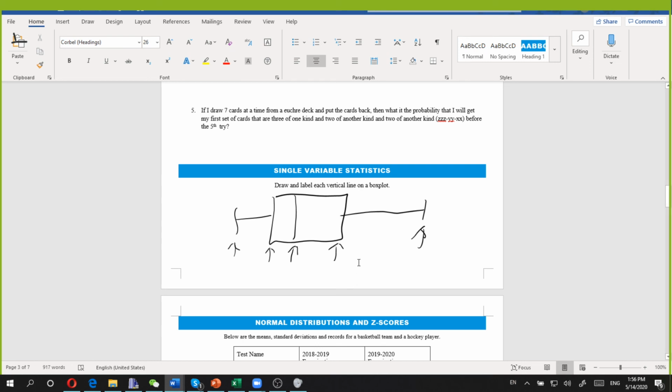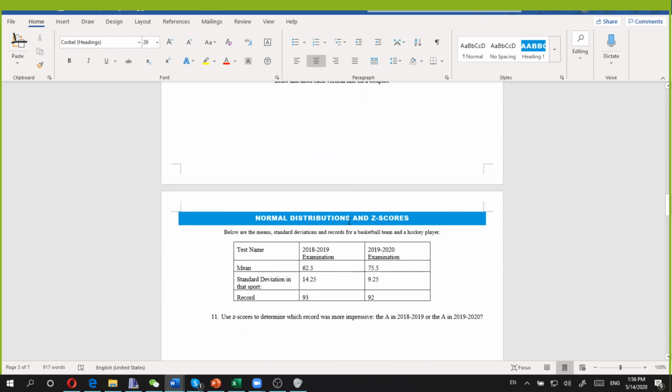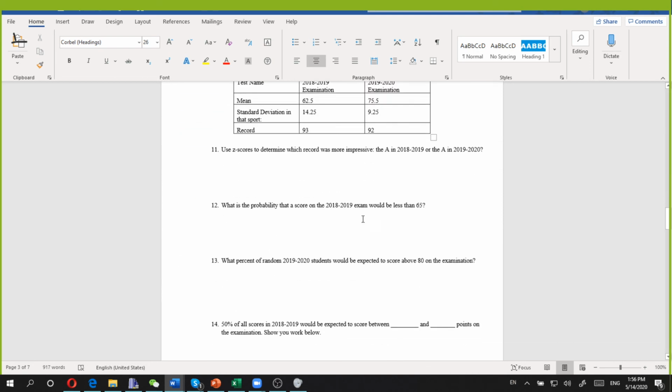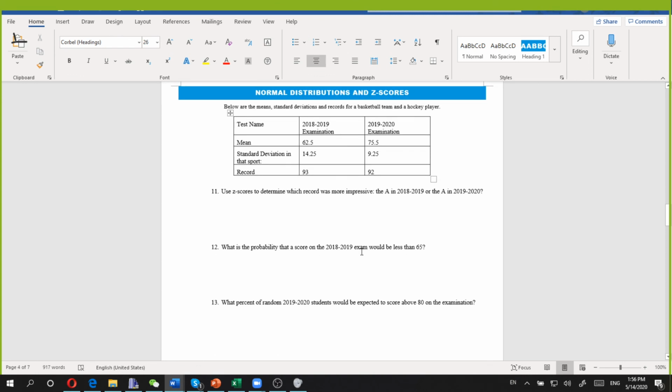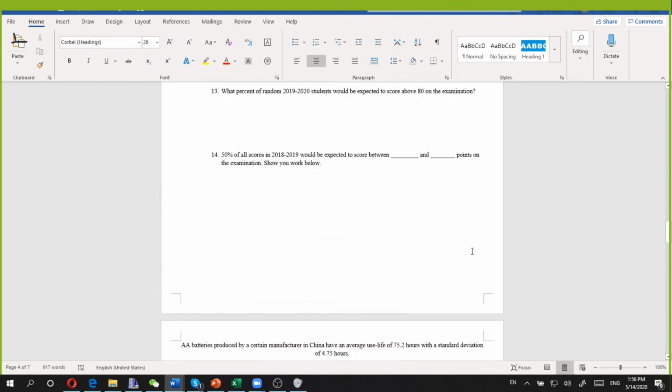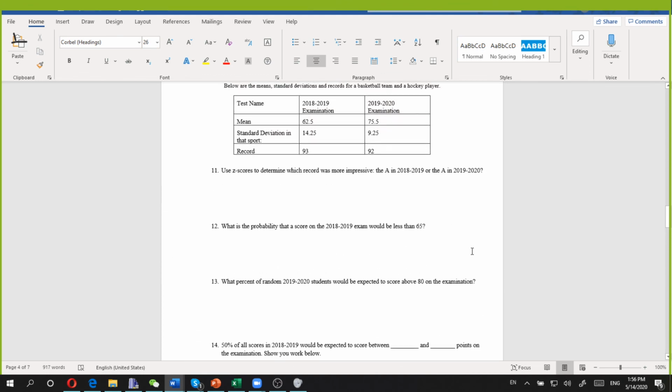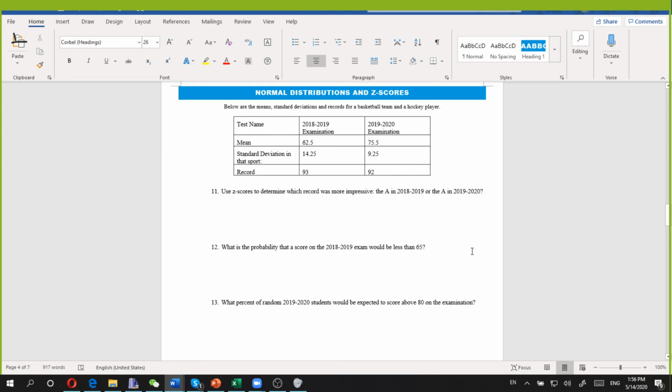No problem. Okay, Nikita, you had a question too? Yeah, I have a question for the problems from the fourth page, I believe, the one where you have to compare two examinations. Like, I'm not sure how to calculate the probability here.